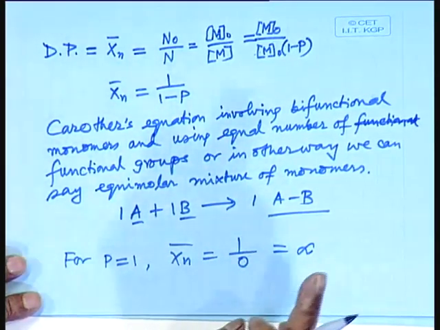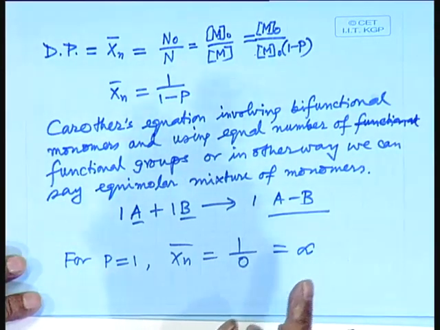Now, one question I can ask you: in that ideal situation, taking 100% pure monomer and perfect stoichiometry, what will be the end groups present over there, and how many molecules will be there?